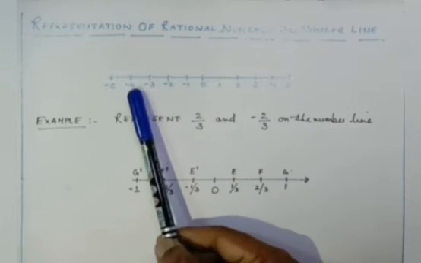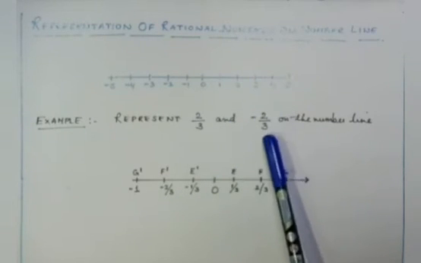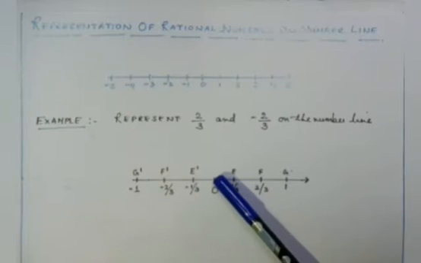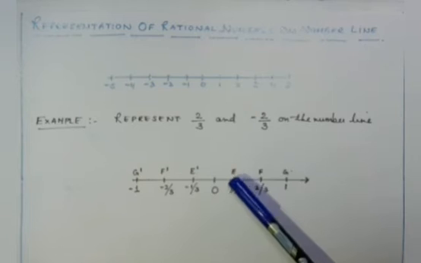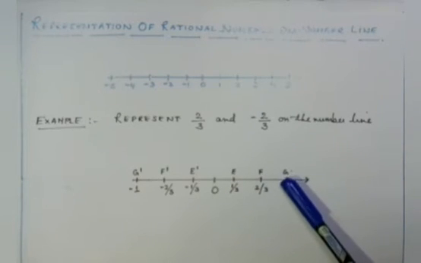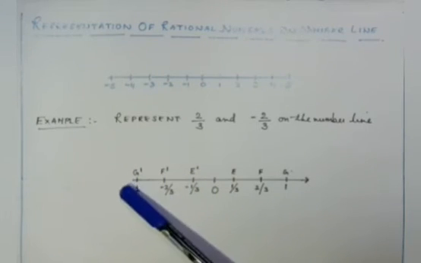Let us represent the following points on a number line: 2 upon 3 and minus 2 upon 3. First of all I am going to draw the midpoint, that is 0. Now 1 upon 3, 2 upon 3, 3 upon 3 makes 1. Minus 1 upon 3, minus 2 upon 3 and minus 3 upon 3 makes minus 1.